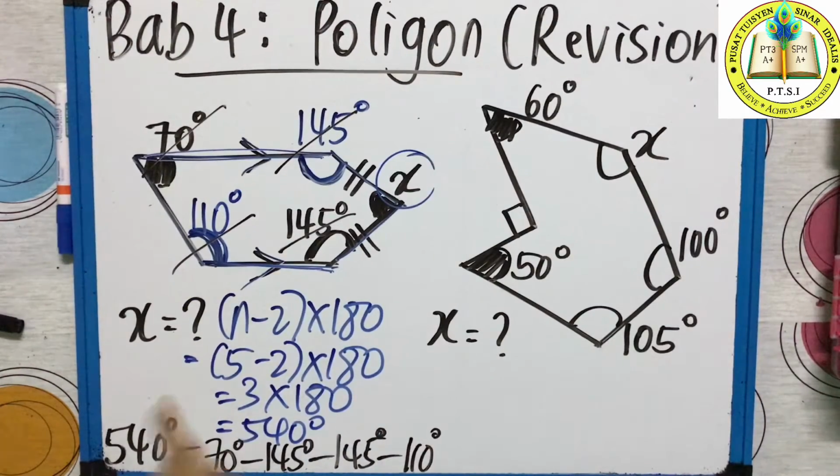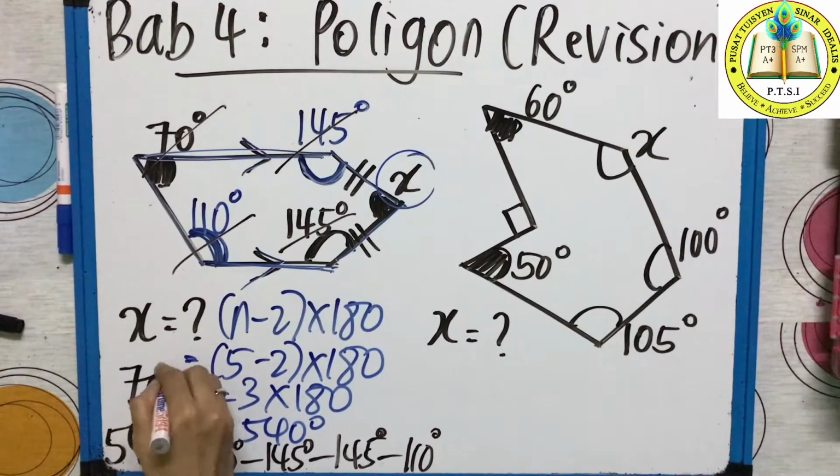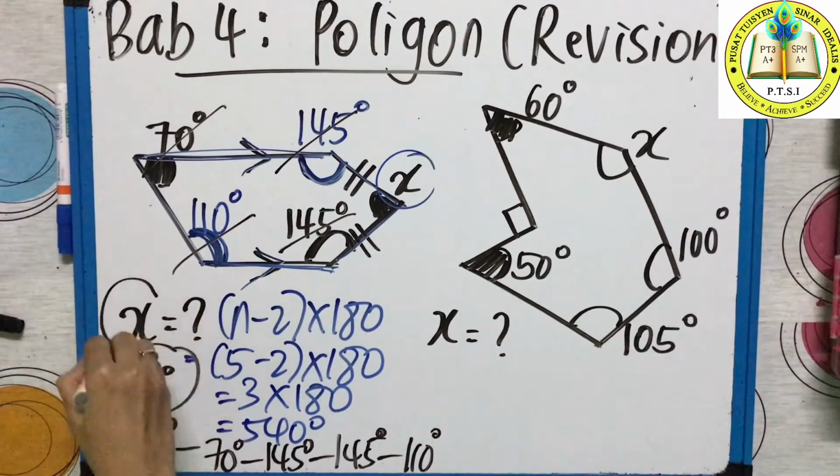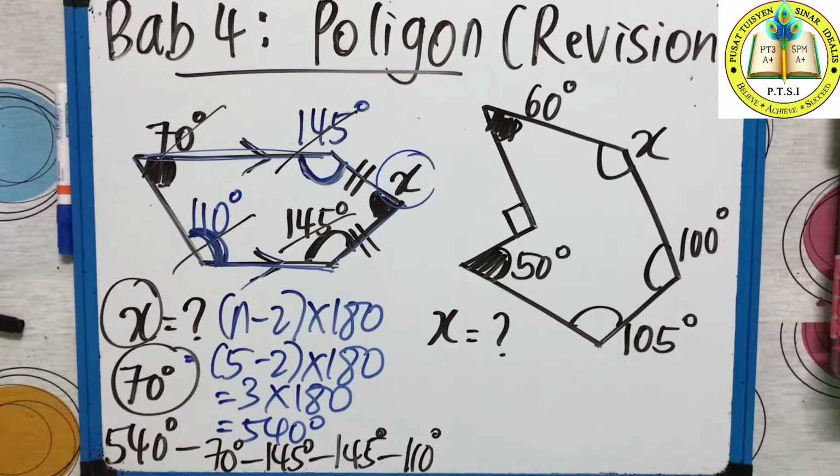So what do you get after you minus all that? What is your final answer, class? 70 degrees. The final answer that you get after you minus all this, kamu dapat 70 darjah. That means the x value is equal to 70 degrees.